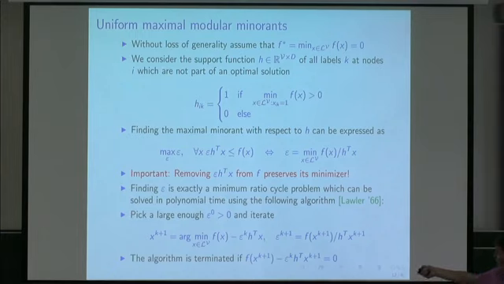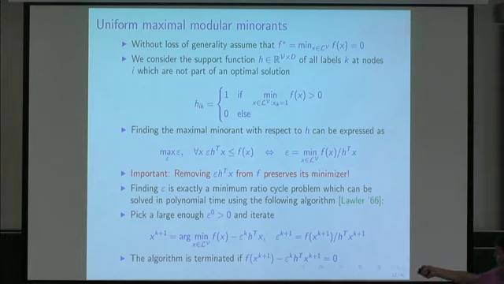And we do this until the next support function is 0. It means we cannot remove anything more. And the maximal modular minorant is then finally given by summing up over all this epsilon t times ht. And you have the guarantee that this is a maximal modular minorant to your problem.